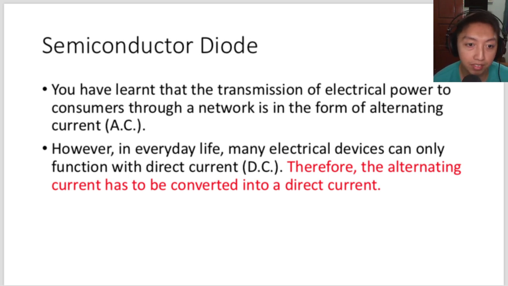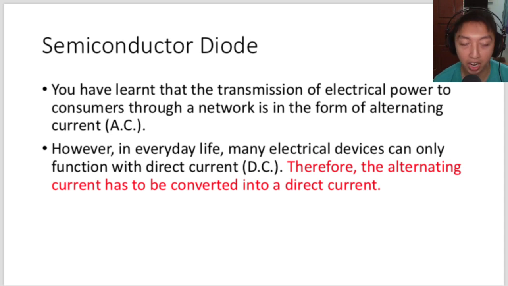you might cause damage to those electrical devices. So before you use this AC current that we get from our power supply or from the sockets, the alternating current has to be converted into a direct current, a type of current that only moves in one direction. That's why almost every electric device that you see has some type of converter in it.